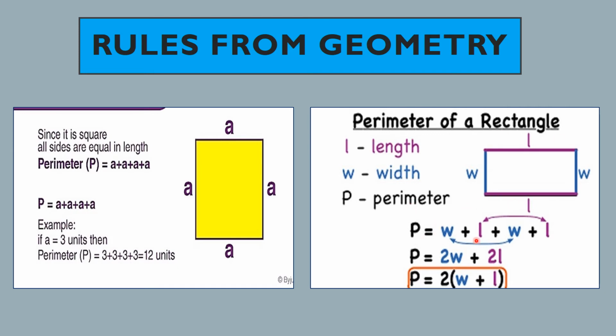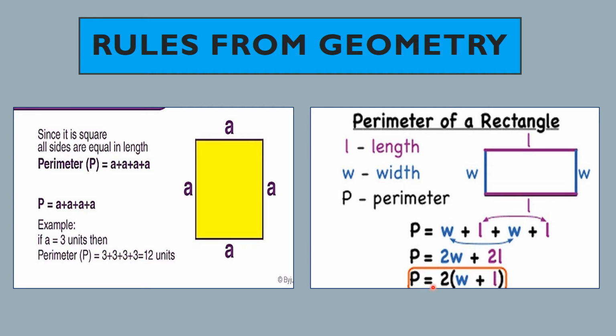So W plus L plus W plus L, that is 2 times W plus 2 times L. So the perimeter will be, if you take 2 common, 2 times W plus L. So this is the general rule or general formula of the perimeter of a rectangle. Now if you know the length and width of the rectangle, you just put the value and you will get the answer, the perimeter of the rectangle.